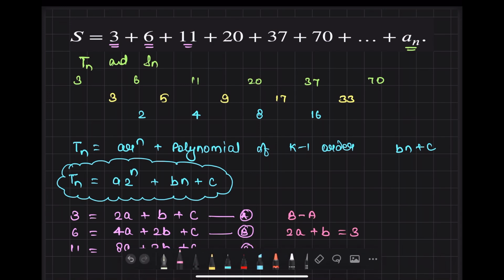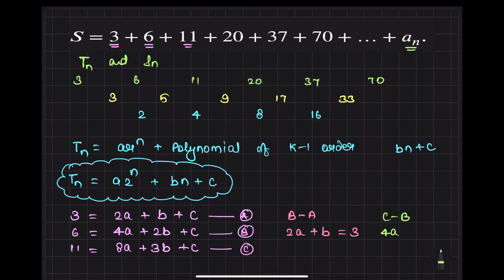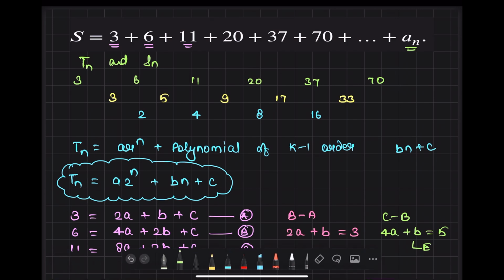This is the first equation, D. Then we have C minus B. So 8a minus 4a is 4a, 3b minus 2b is b, c minus c is gone, then we have 5. This equation is E.